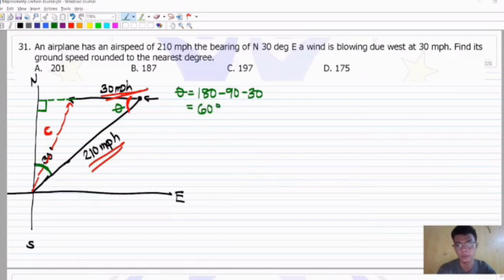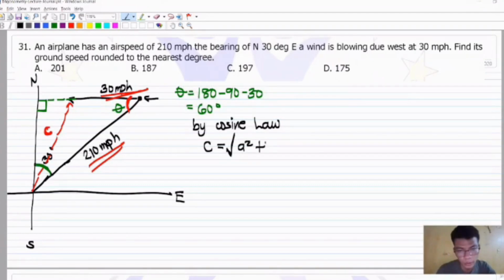So by cosine law, diretsuhin na siguro natin, or susulat pa. Sige, sulat natin cosine law. The side C is equal to, dito naman nilipat natin yung square root. Inalis natin yung square kay C, nagkaroon ng malaking square root dito sa right side.